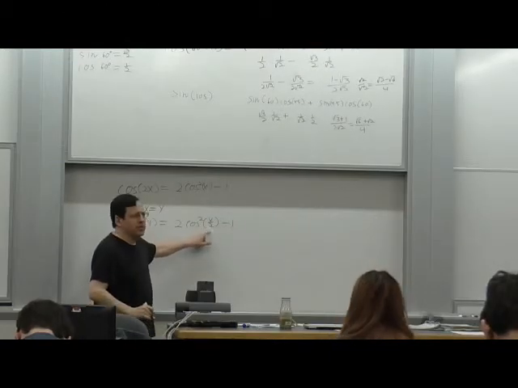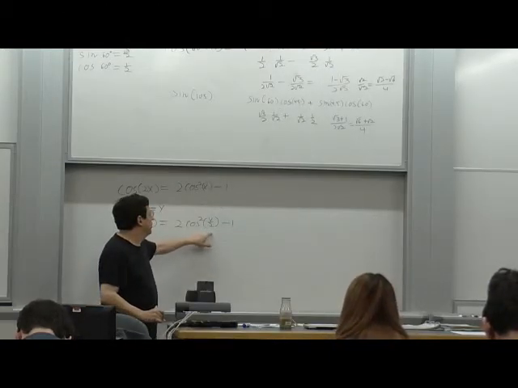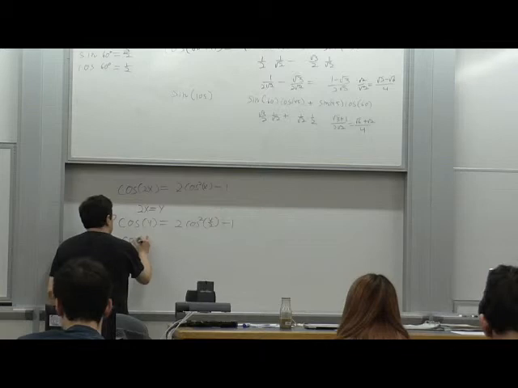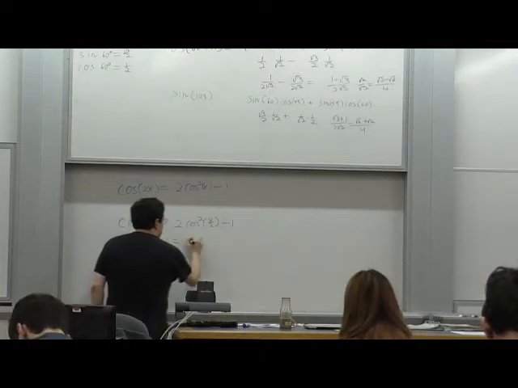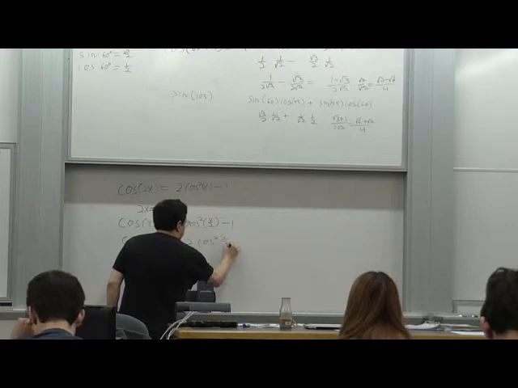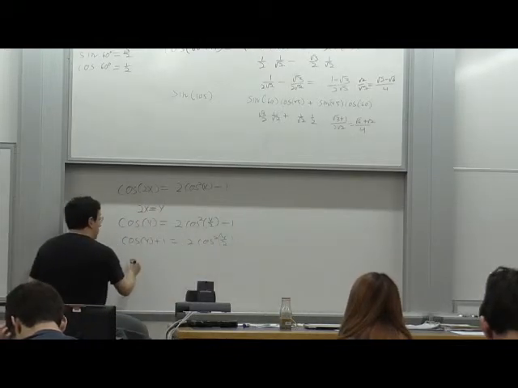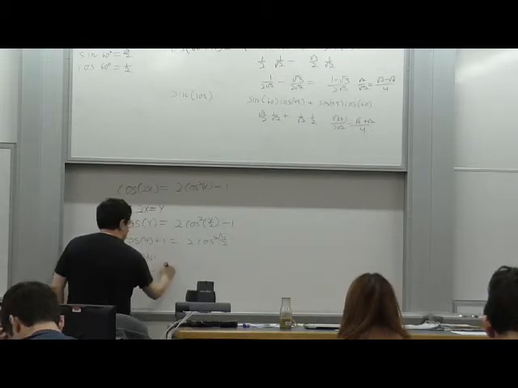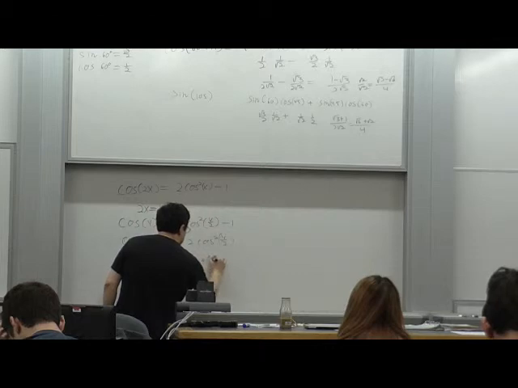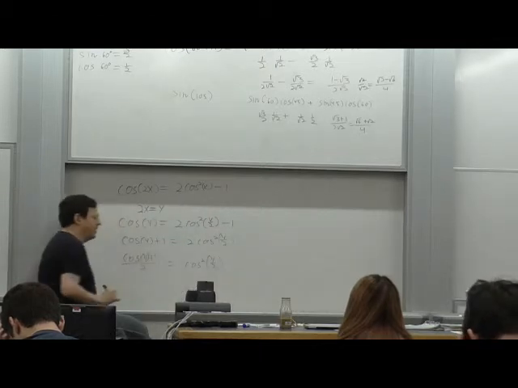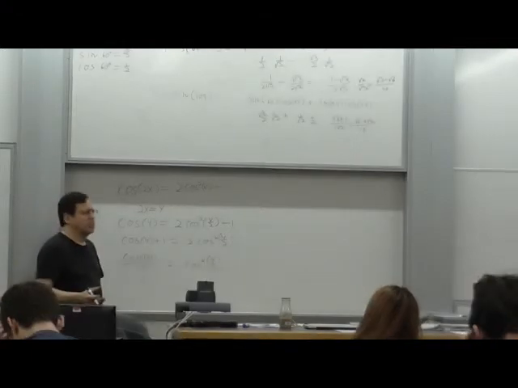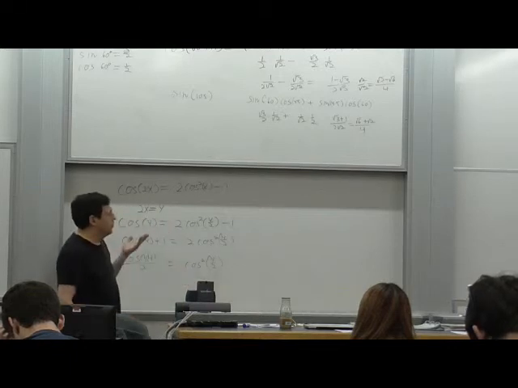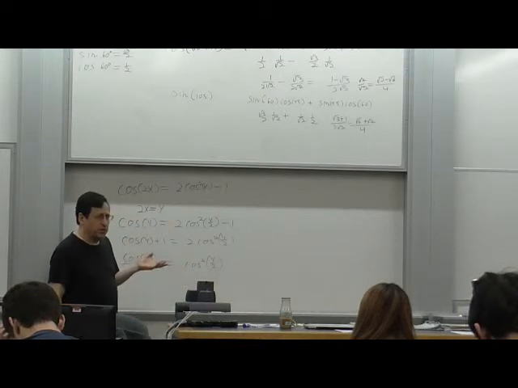I'd really like to have a formula for this, but all I have to do is solve for it, right? So let's add 1 to both sides. Let's divide by 2. Now here I have to be a little careful. I want to solve for cosine of y over 2, not cosine squared. So square root, right?